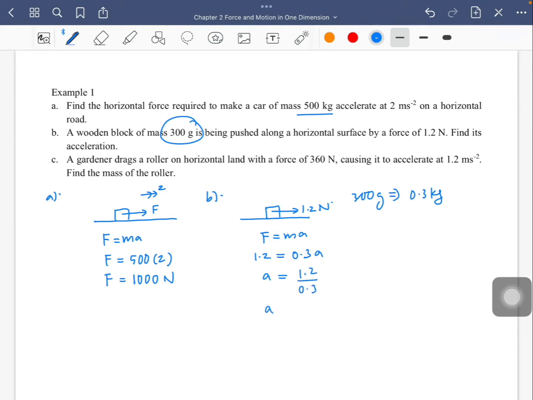So you're going to get 4 meters per second squared. That's it. And I leave question C for you to try. You can check the answer for this question C, which is 300 kilogram. Please make sure you check this question.